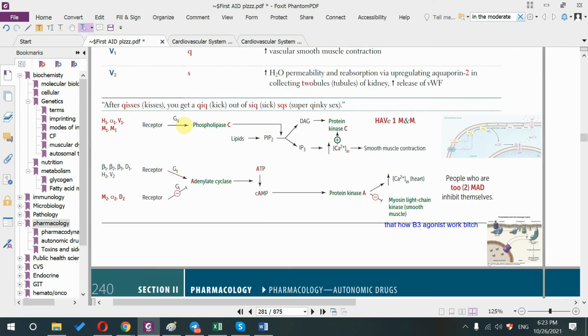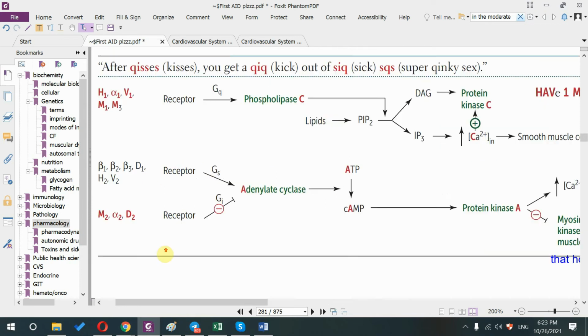So here it's a GS receptor, yeah? In this case, it's the GS, contractility, beta 1, because it's located on the heart. So the receptor will be bound to a beta 1 agonist, and that will lead to activation of the GS. Activation of the GS will lead to activation of an enzyme called adenylate cyclase.